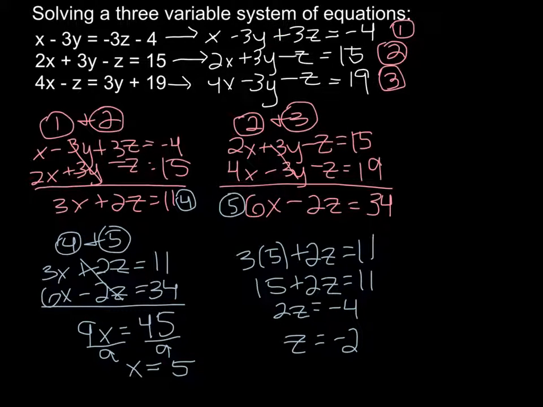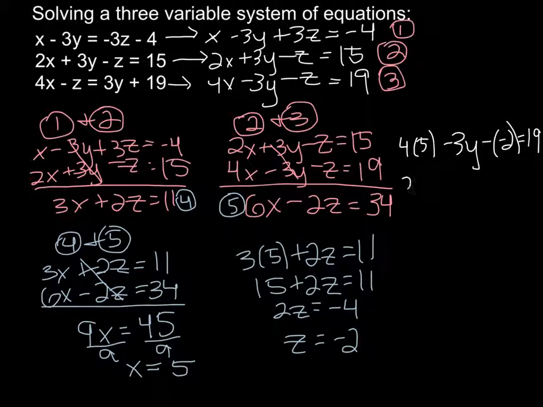So I'm looking to solve for y. So let's take the third equation. Again, it doesn't really matter which one, but it's 4 times 5 minus 3y minus that negative 2 equals 19.